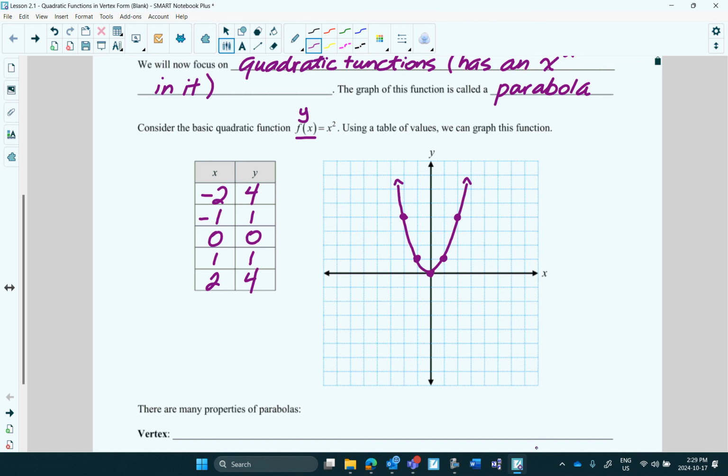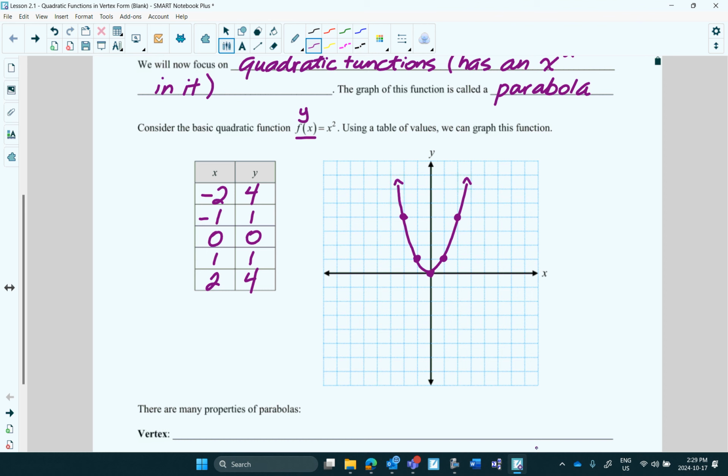And I draw arrows on two ends because a parabola has two ends, just like a line has two ends. Because it could keep going up forever, and it could keep going to the right and left forever. This is the most basic parabola.